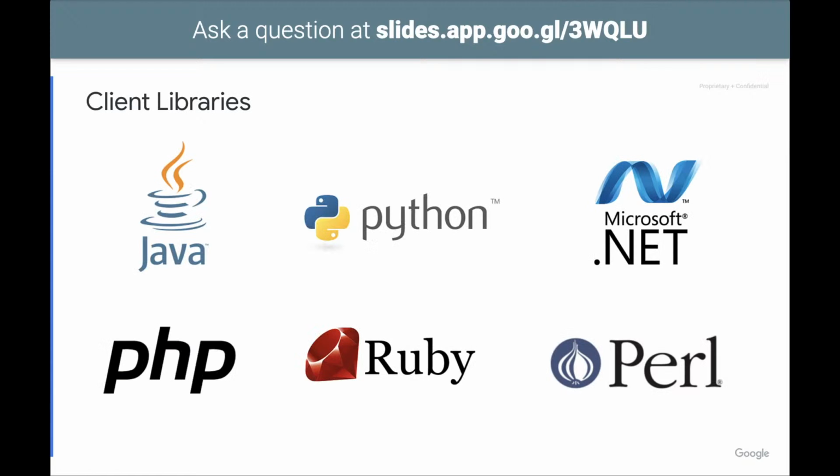As I touched on the previous slide, we have 6 client libraries that you can use in order to use the Google Ads API that are listed on the screen. If there is a client library that you don't see there that you would like to use, we'd love to hear from you. That feedback is really valuable, so of course let us know. But there are some benefits to using the client libraries.